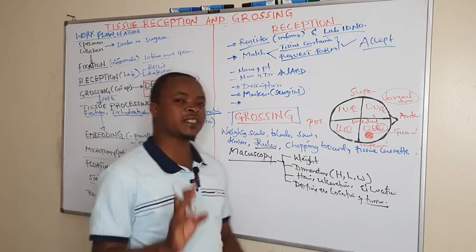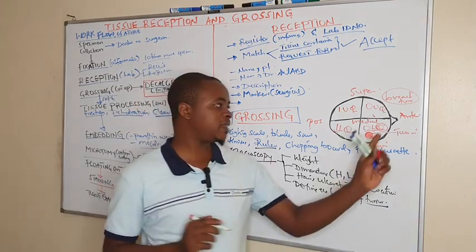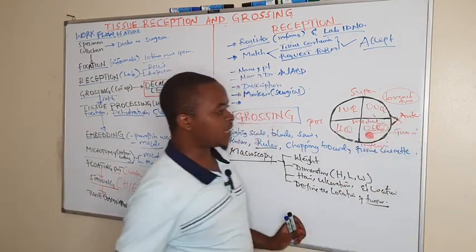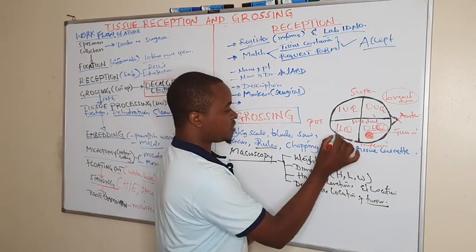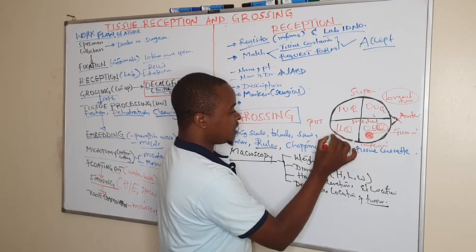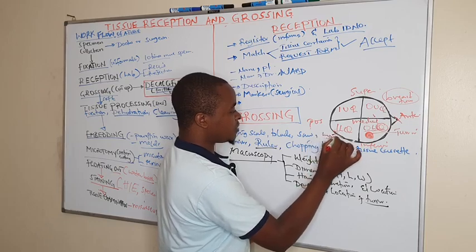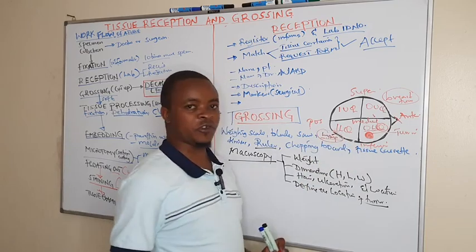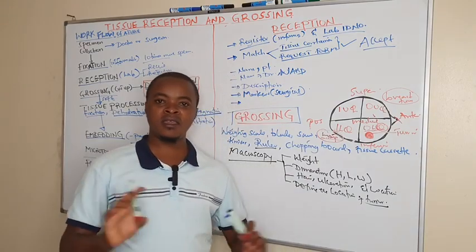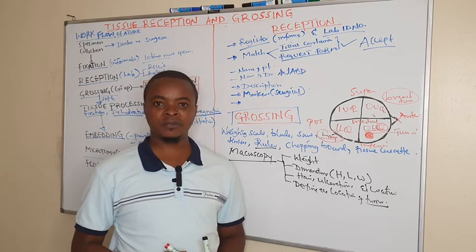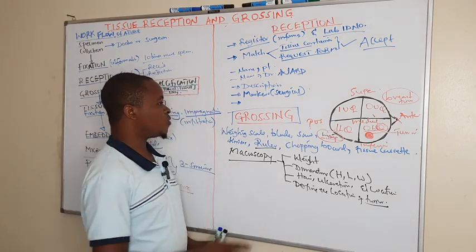And then you also sample in specific areas like the nipple. The nipple should be sampled, and the lymph nodes of the breast. If the lymph nodes are found in the posterior position, you also sample the lymph nodes to see if maybe the tumor has metastasized. So that is what we do under grossing.